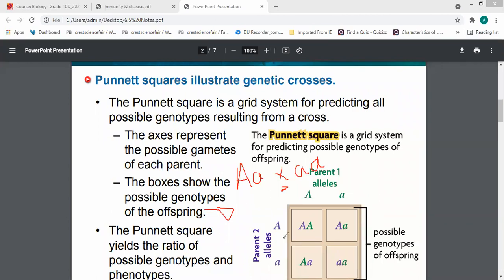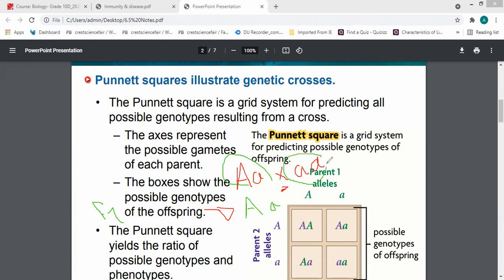The offspring will be what? Capital A, small a? Just capital A, small a will be produced as a result of the mating of both of them.